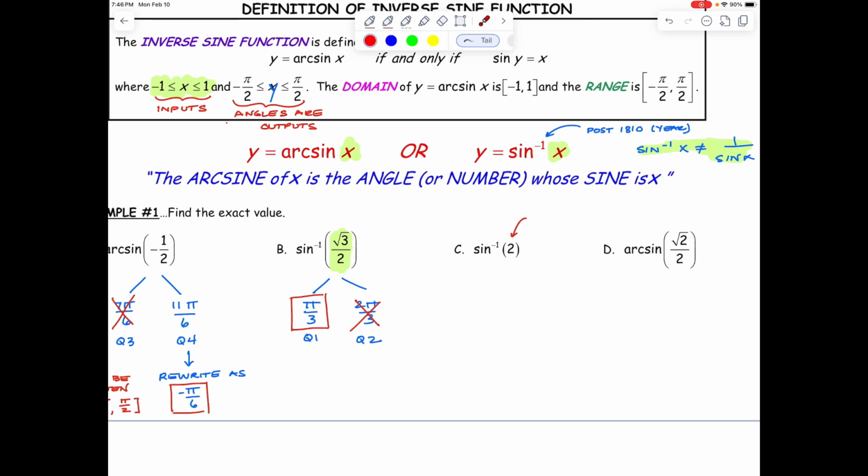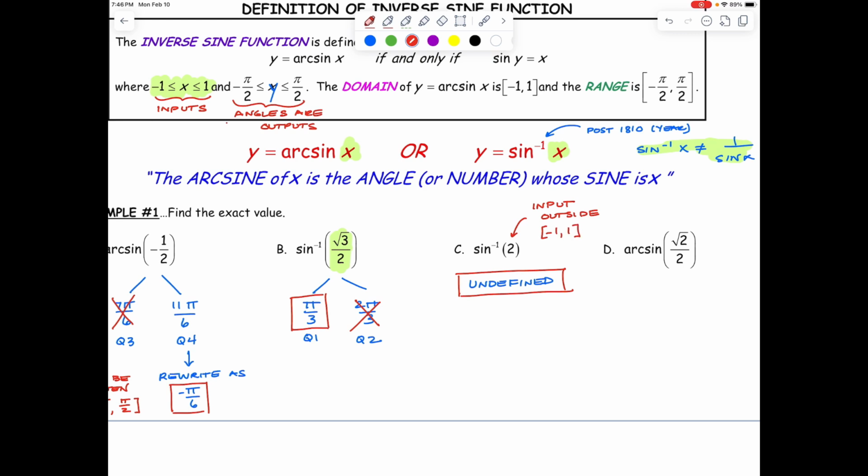And so this is undefined, and the reason for that is that your input is outside the domain, which is -1 to 1.